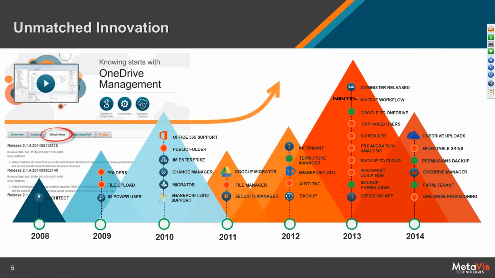We have weekly release format, so every week there's something new that's added to the product, and that really aligns well with Microsoft's Office 365 release cadence, which is very quick. Sometimes they release once a week or once every few weeks, and there's always something new, or they've made some change, and you want to make sure you work with a vendor who's on top of those changes and incorporating the new features and functionality into their platform.